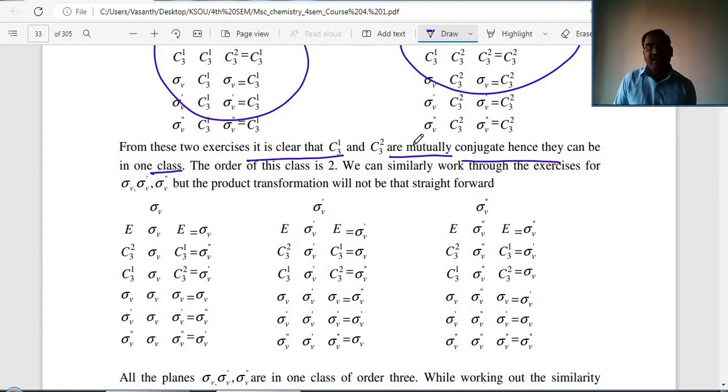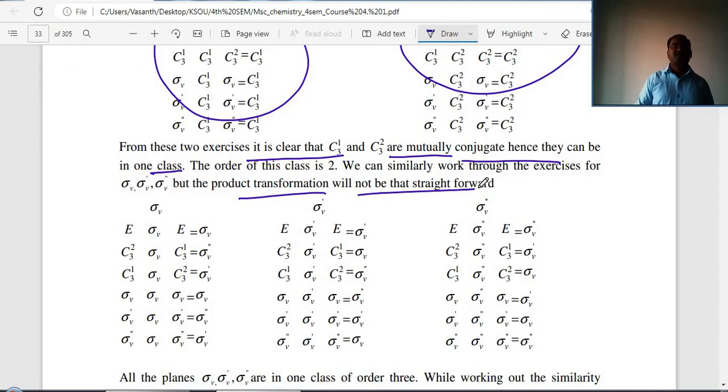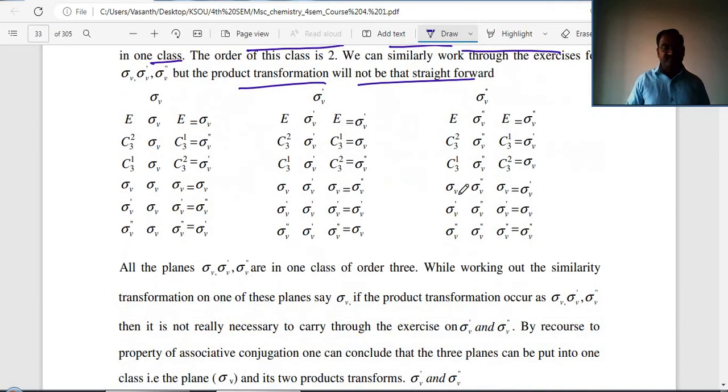We can similarly work through the exercises for sigma V dash and sigma V double dash, but the product transformations will not be as straightforward.